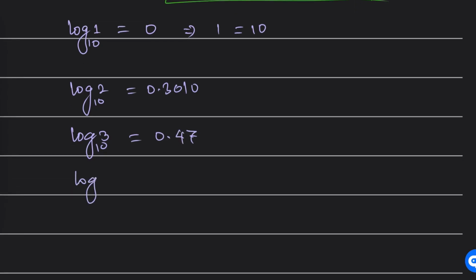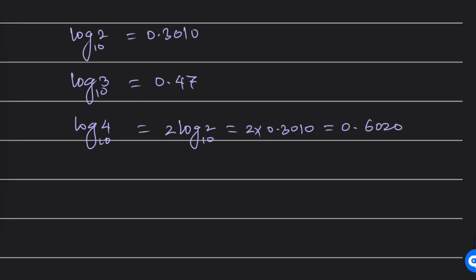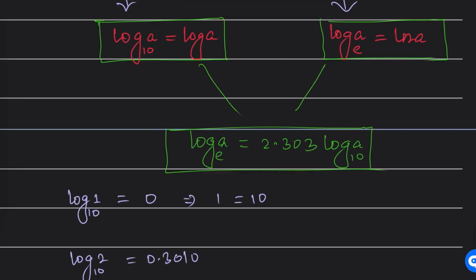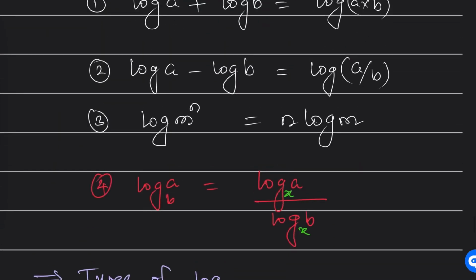Log of 4 to the base 10 can be written as 2 log of 2 to the base 10, which is 2 into 0.3010, so we get 0.6020. Next is log of 5. These values you can remember by yourself. This is the trick. You can use these formulas to calculate other values of log.